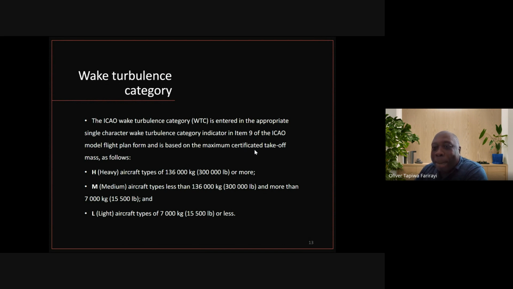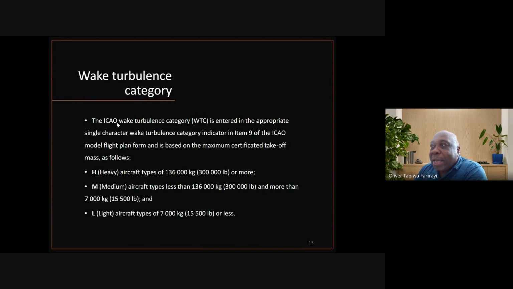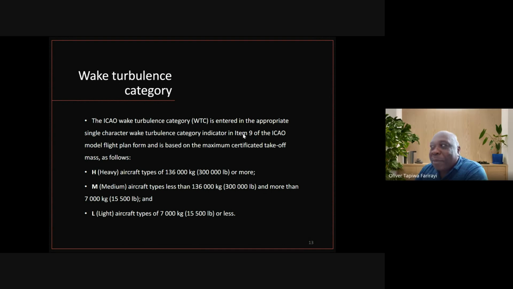Hello? Patrick? How now? Oliver, could you slow down a bit? We're lagging. Yeah, you were lagging there a bit. Okay. Let's look at the ICAO wake turbulence category. All good now. Item 9 of the model of flight plan.